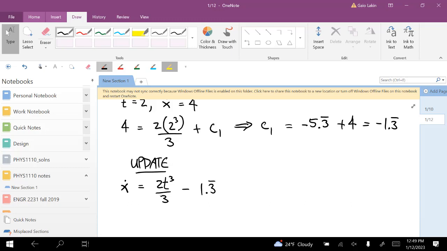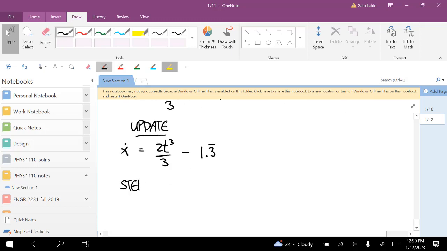Are we done? Well, how do you know you're done with an ordinary differential equation? When you have the dependent variable expressed as a function of the independent variable. But x dot isn't our dependent variable, x is. Okay, so we need to do this again.